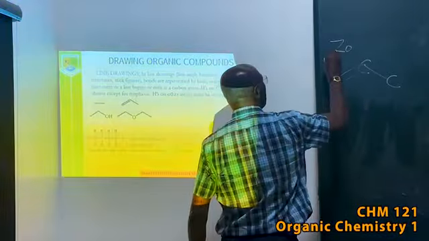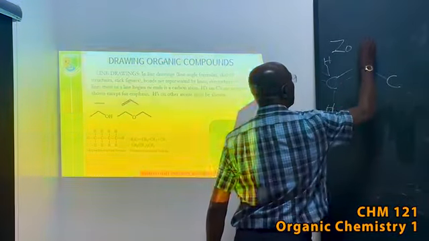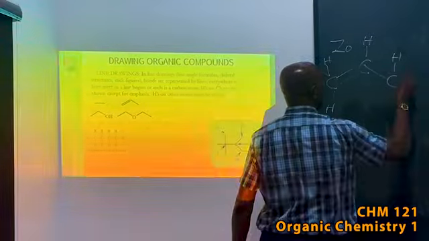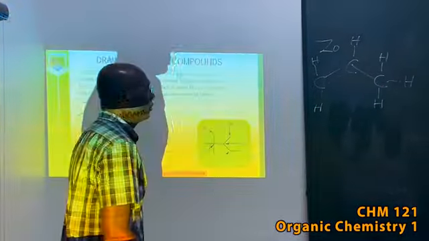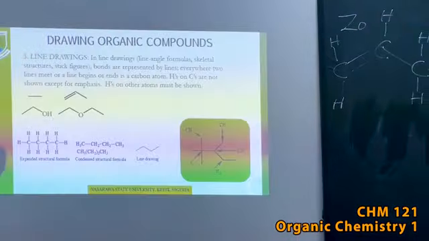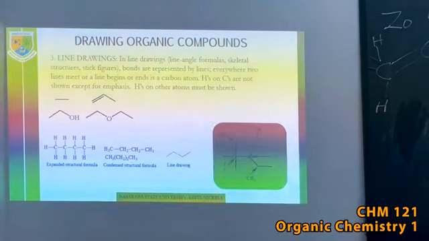So I can go in and put an H here, put an H here to make it 1, 2, 3, 4. Put another H here to make it 1, 2, 3, 4. And then for here, I'll have to have 3 of those hydrogens. Okay? So, in this particular case, you're looking at the expanded structure.